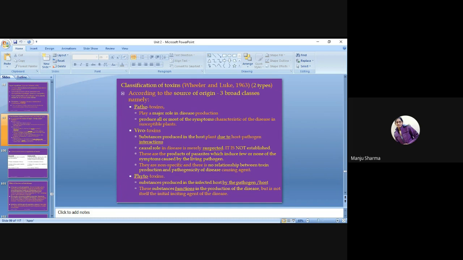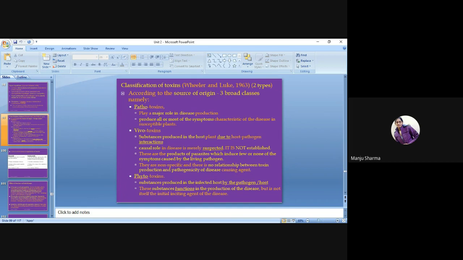Then the second type is vivotoxin. Vivotoxins are substances produced in the host plant due to host-pathogen interaction. Whenever there is interaction of the pathogen with the host, this type of toxin is called a vivotoxin.